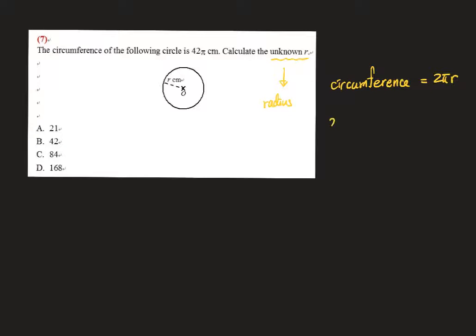So I write 2 pi r equals 42 pi, and the pi will be eliminated on both sides. So 2r equals 42, and r equals 21. So the answer goes to A. Next question.